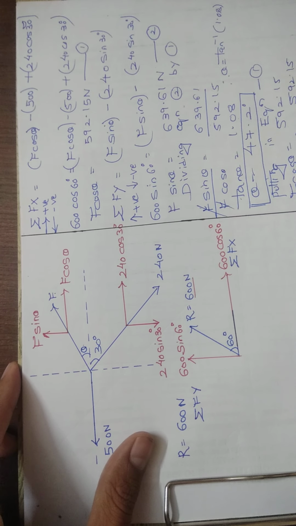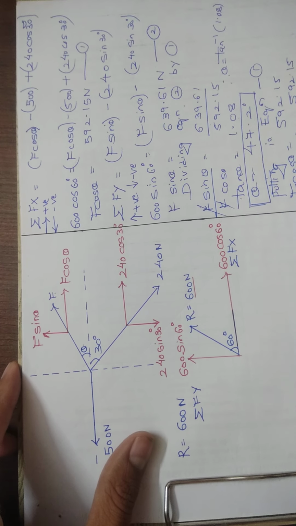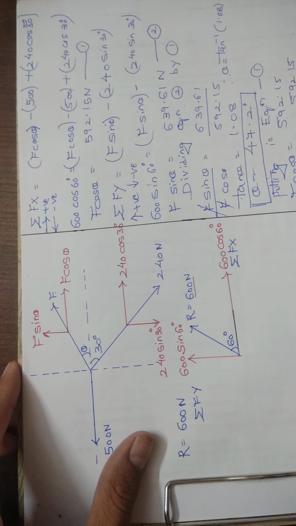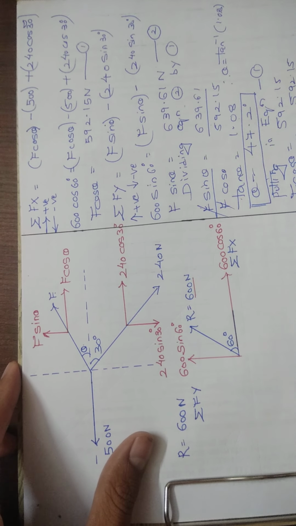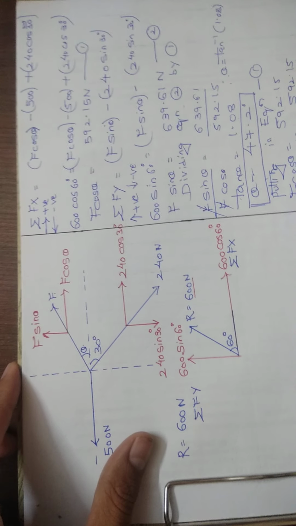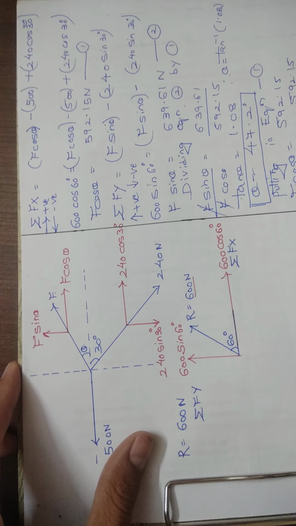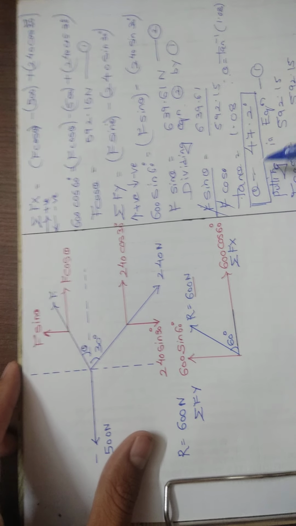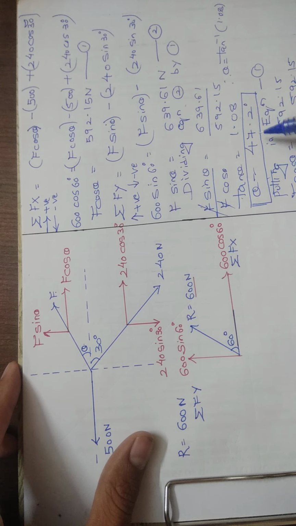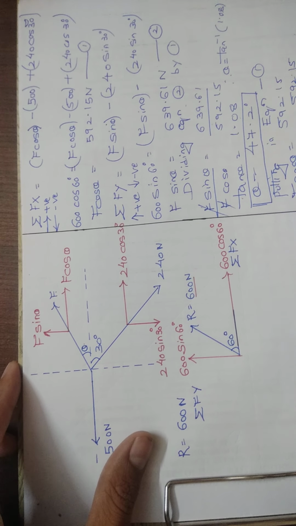So what is the force that has been calculated? The force F is calculated as 871.52 newtons. In this way we have calculated the value of theta as 47.2 degrees and F as 871.52 newtons.